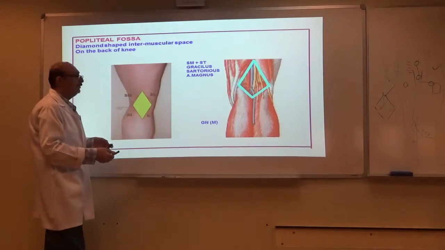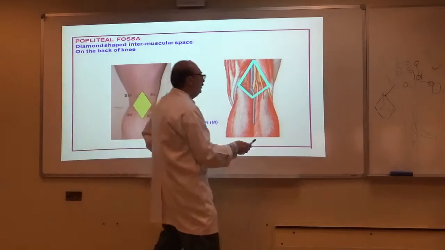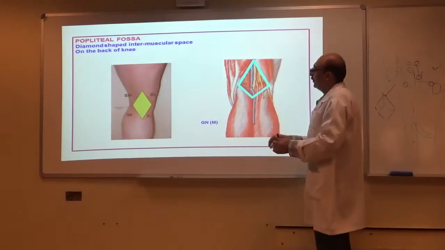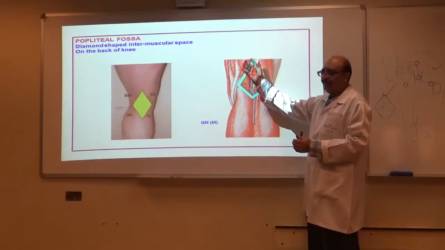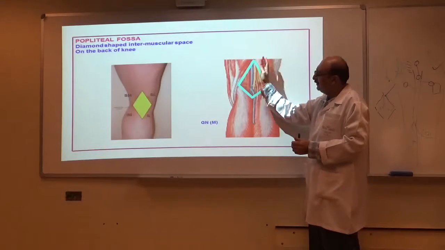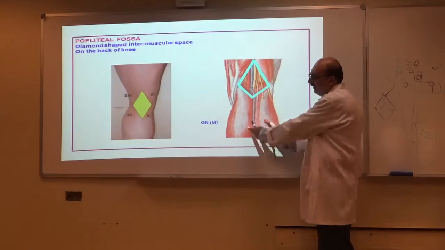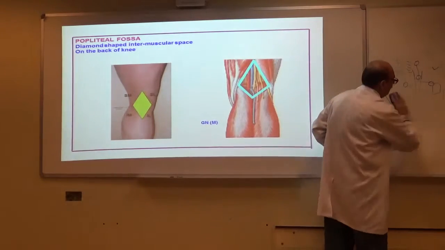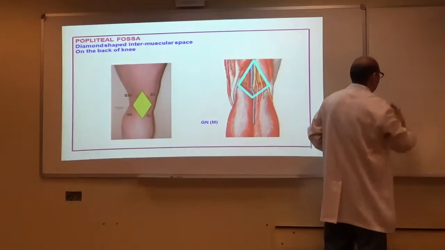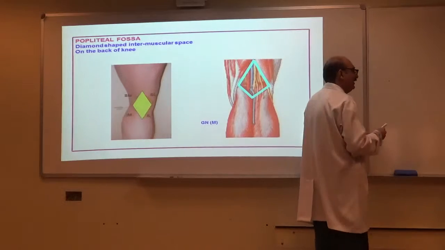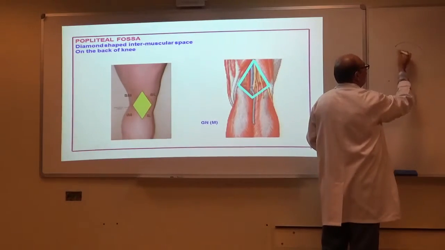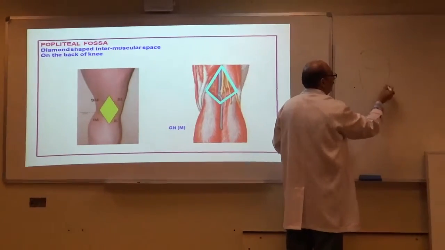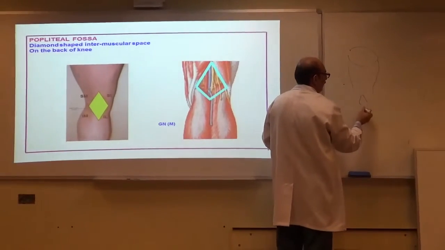What are the boundaries? Try to see this figure. This is the region of thigh, back of thigh with hamstring muscles, and this is the region of leg. I'm sure you have not done with the leg, so just a quick information: here is the gluteal region, here is the thigh, here is the popliteal fossa, and here is the leg.